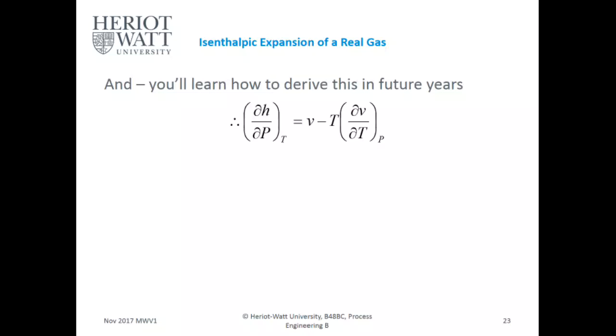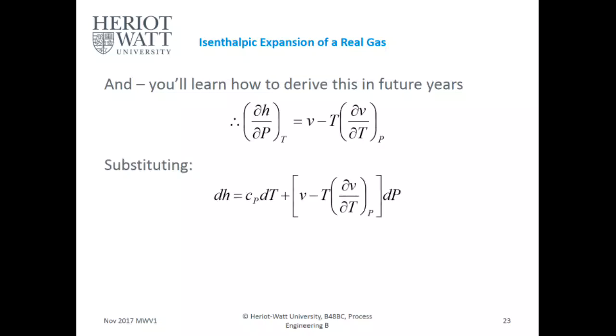Now, you don't need to know how to derive that at this point. You'll learn that next year. Fine. If you substitute that, the change in enthalpy equals Cp times the change in temperature plus (V minus T multiplied by the change in volume over change in temperature at constant pressure) with respect to the change in pressure.